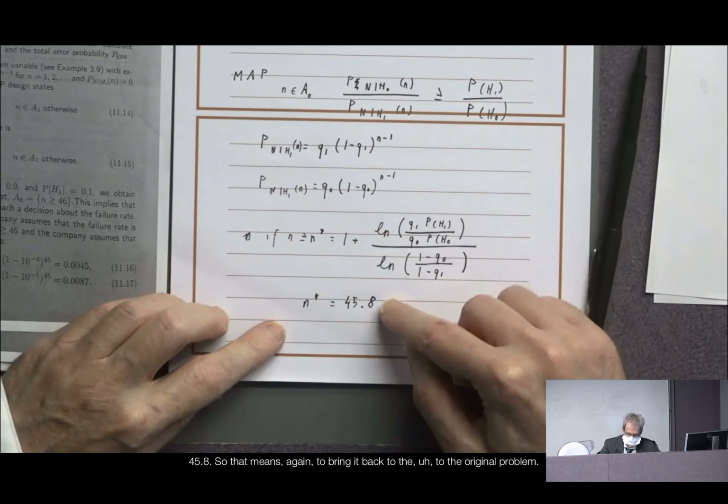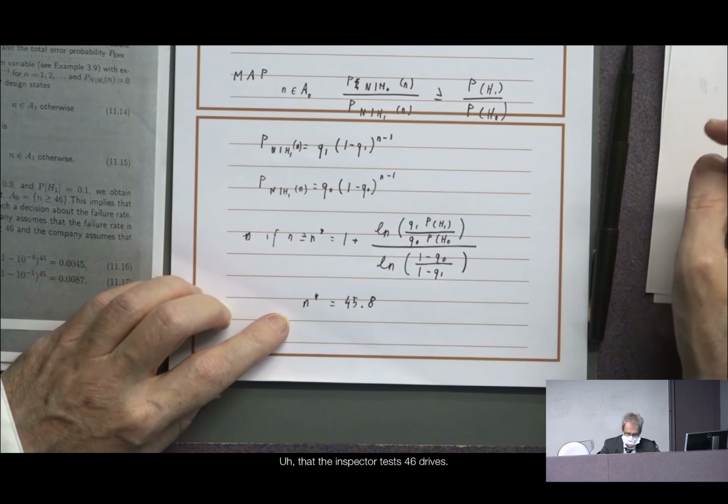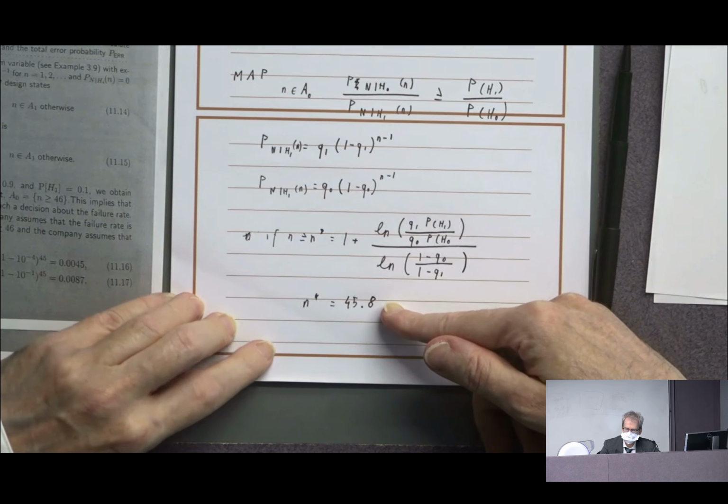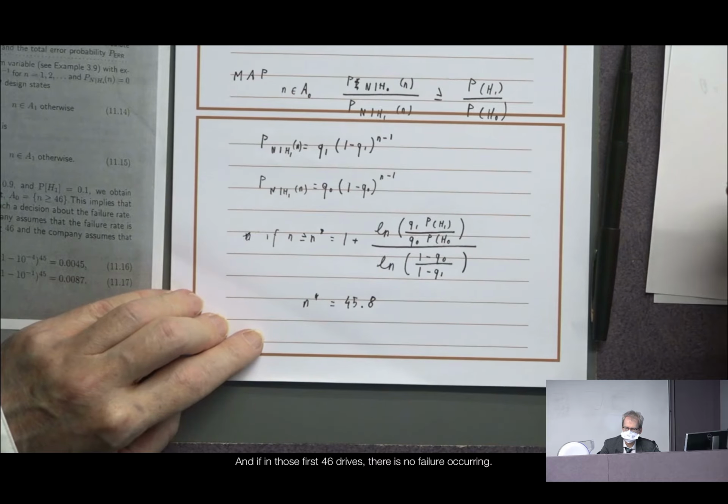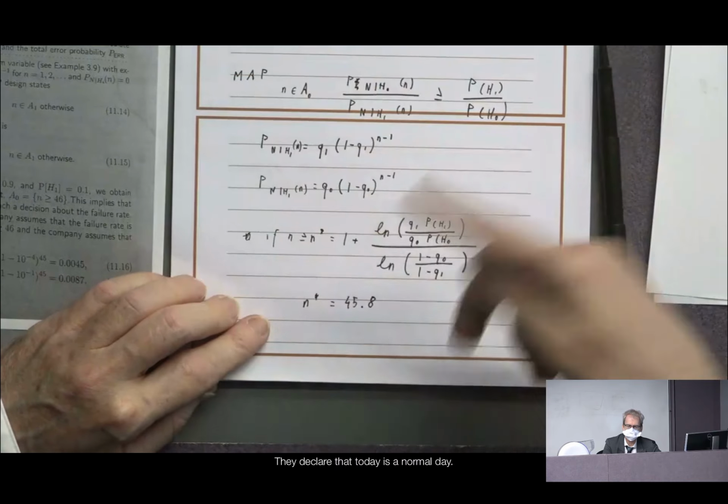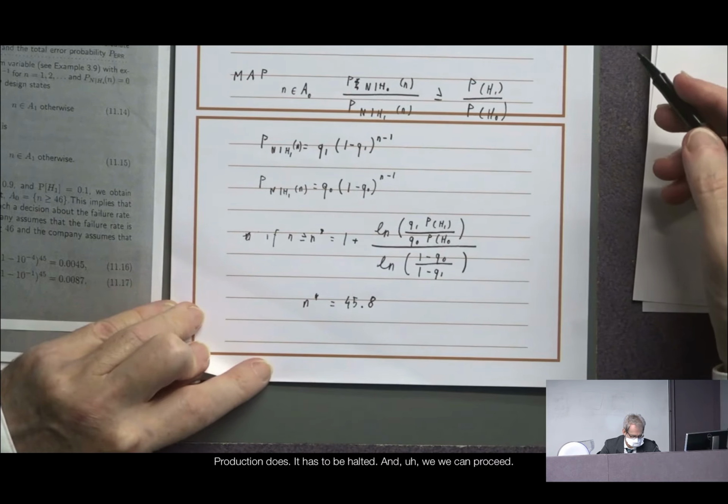So that means, again, to bring it back to the original problem, that the inspector tests 46 drives, and if in those first 46 drives there is no failure occurring, they declare that today is a normal day, production doesn't have to be halted, and we can proceed.